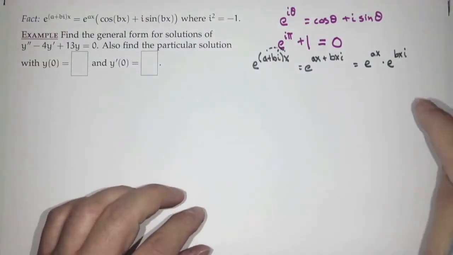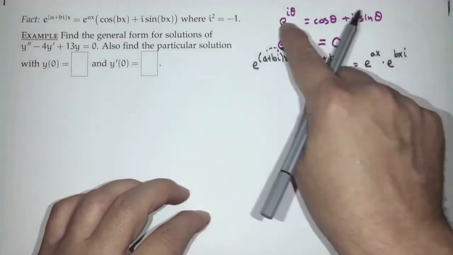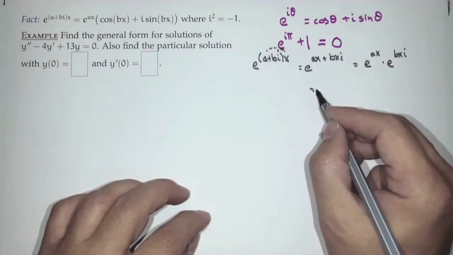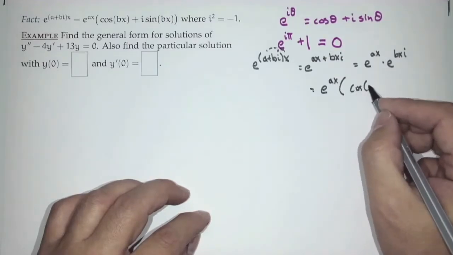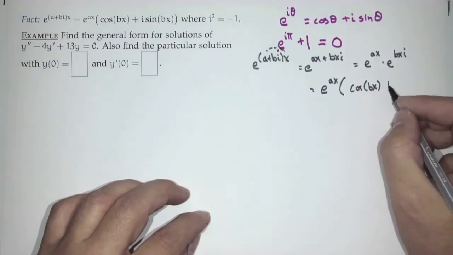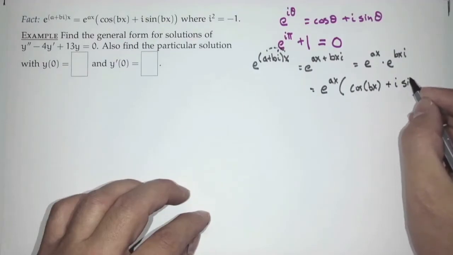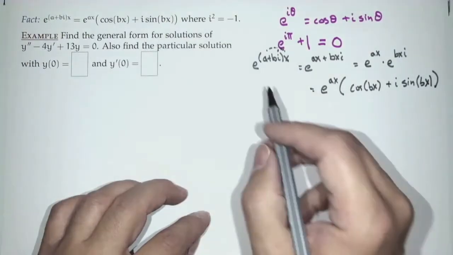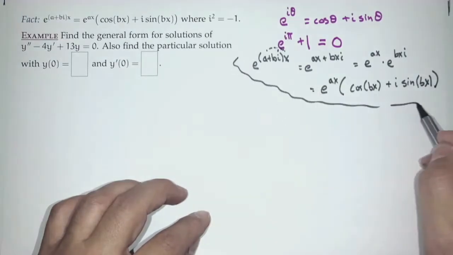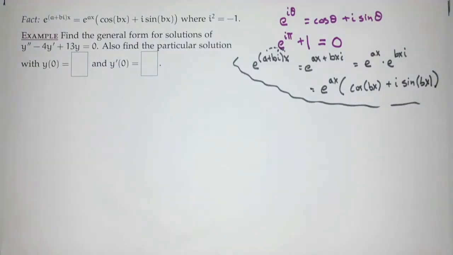And now we know something about when we have i times something. So this becomes e to the ax times (cosine bx plus i sine bx). So this is what the fact says. Okay, we'll keep that in mind as we proceed with this next example.